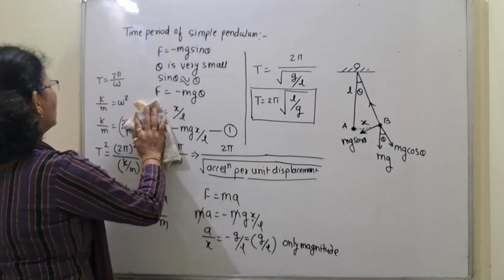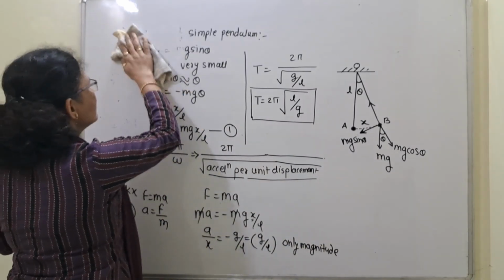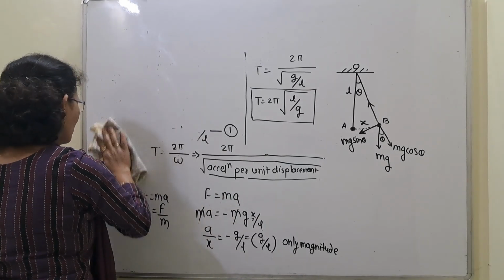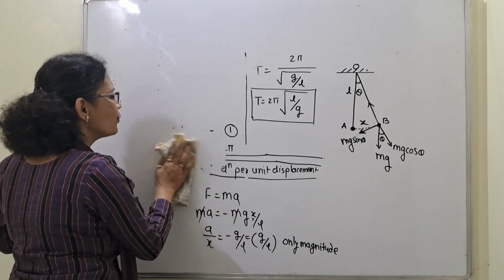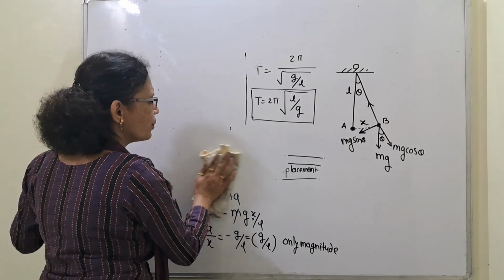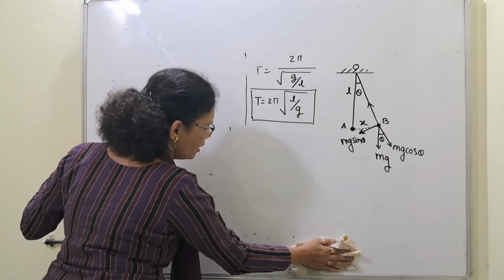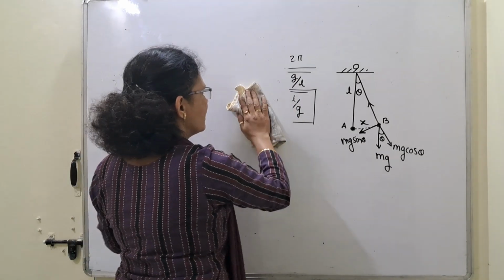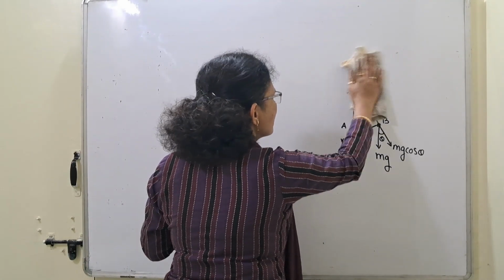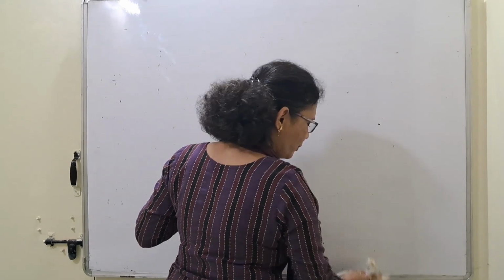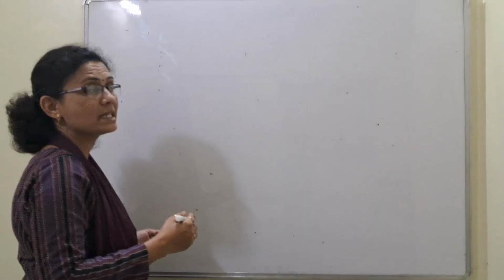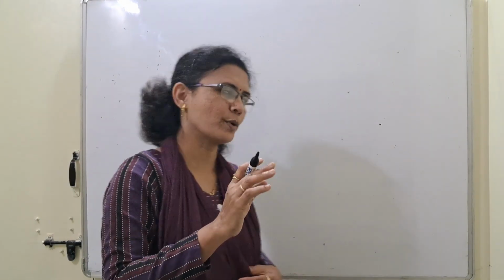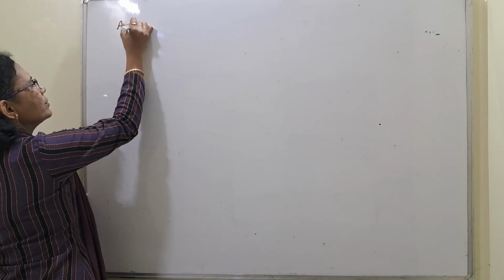There will be a question like: derive the expression for amplitude of resultant wave due to superposition of two waves. When two waves superimpose, what will be the amplitude of their resultant? We have to derive that expression now, that is, the expression for amplitude of resultant wave due to the superposition of two waves.